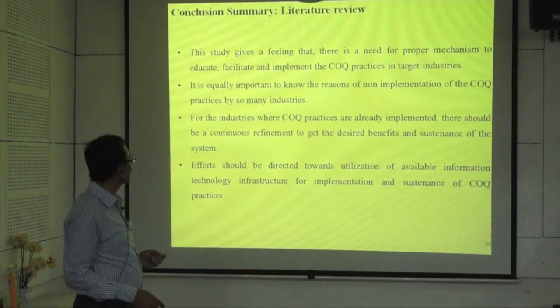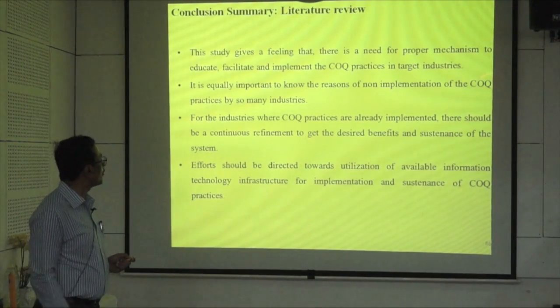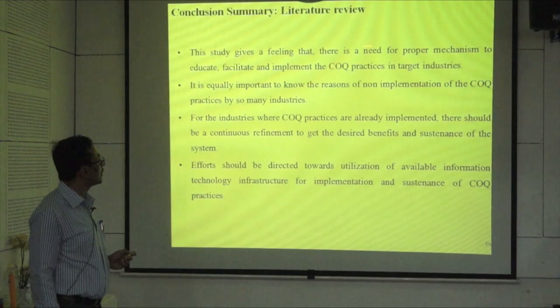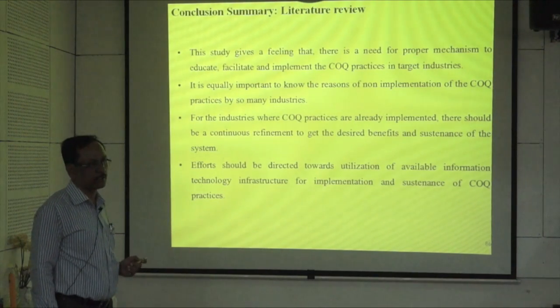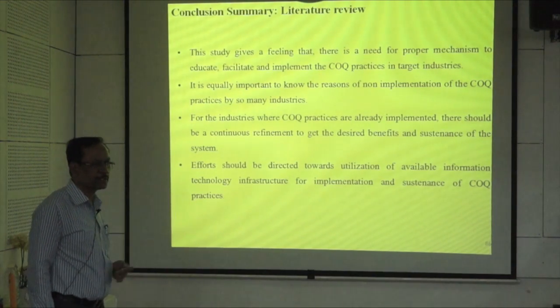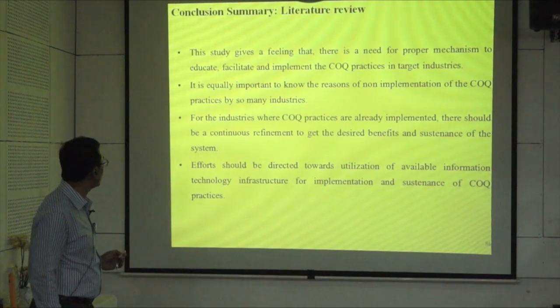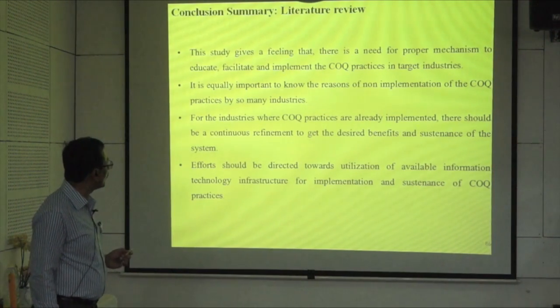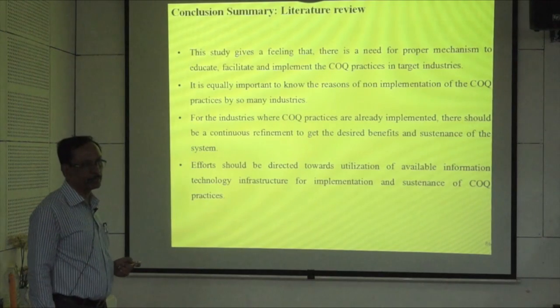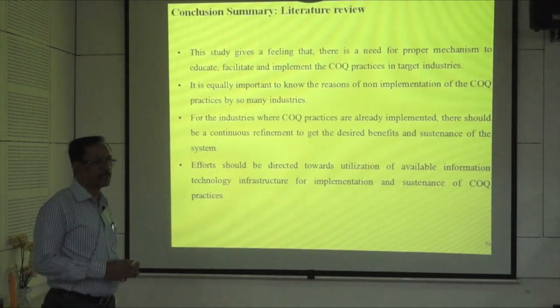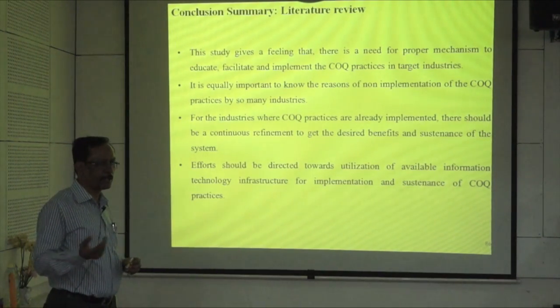So, literature review conclusions. There is a need for a proper mechanism to educate, facilitate and implement cost of quality in a target industry. That is being reflected in so many literature findings. It is equally important to know the reasons for non-implementation of cost of quality. There may be different reasons industry-wise.